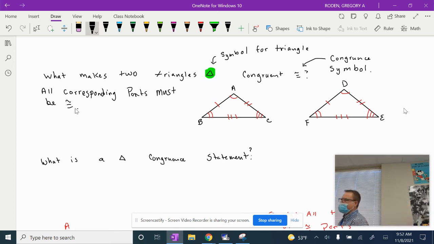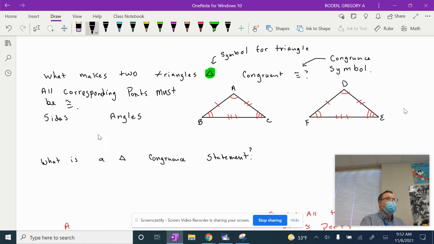So in order for two triangles to be congruent, all their corresponding parts have to be congruent. You guys with me on that? Okay. So let's say, ladies and gentlemen, let's look at this. When we say parts on a triangle, triangles have two kinds of parts. They have sides and they have angles. Y'all with me on that? They have sides and they have angles. Okay?